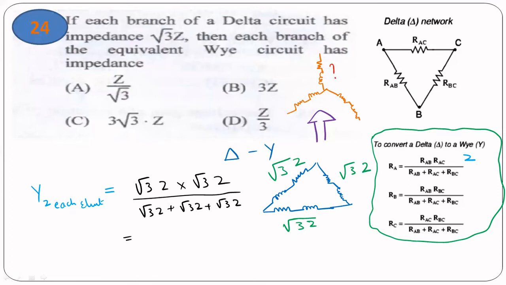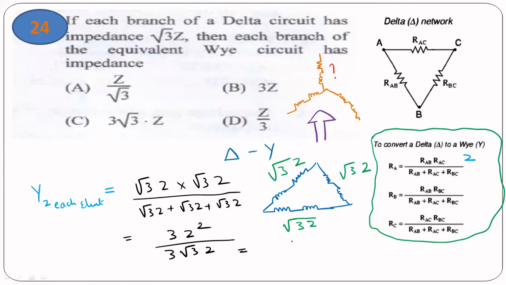So what is the solution for this? √3 into √3 is the square root of 9, which means 3, so 3Z squared, divided by the summation √3Z plus √3Z plus √3Z, which is 3√3Z.